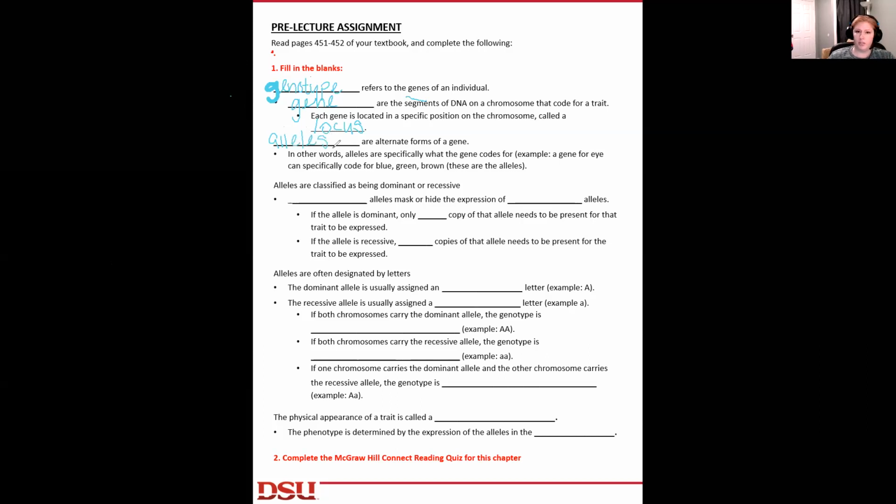Okay, so alternate versions of a gene are alleles. In other words, alleles are specifically what the genes code for. So I used hair color. This example uses eye color.